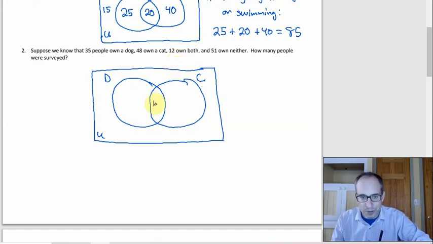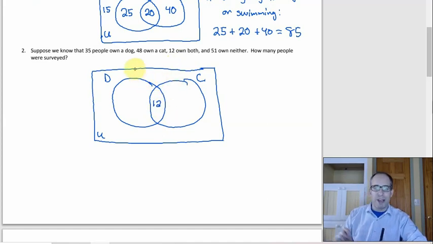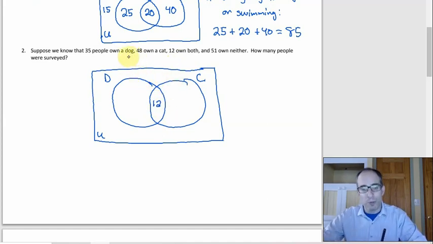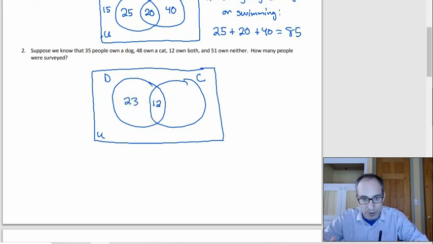So the 12 goes in there. And then we kind of end up what we did last time, where if we know 35 people owned a dog, so there's got to be a 35 in the D circle, but there are already 12 in the overlap. So that means that you'd have to have 23 over here, right? 35 minus 12. So then that way when you add these two numbers together, you get the 35 in the D circle like you're supposed to.